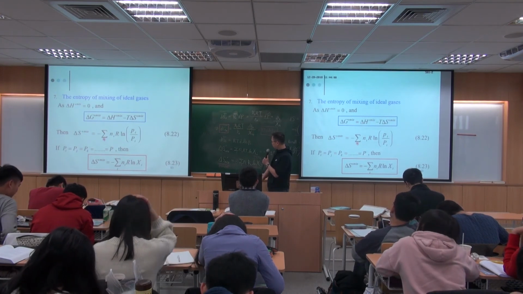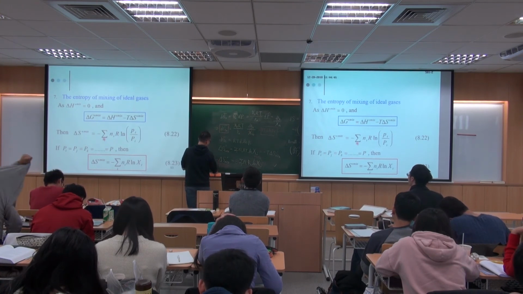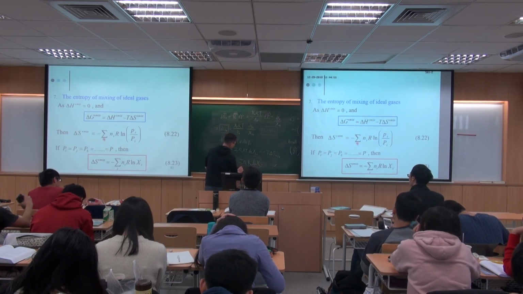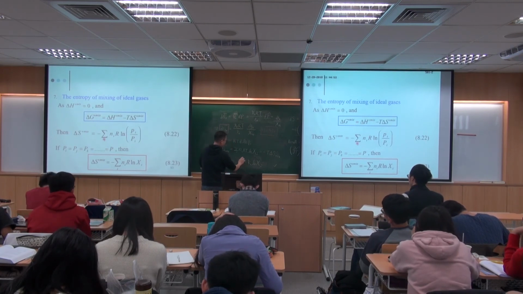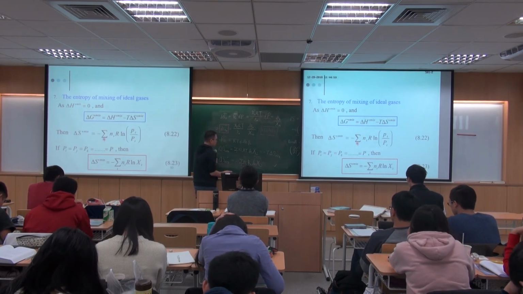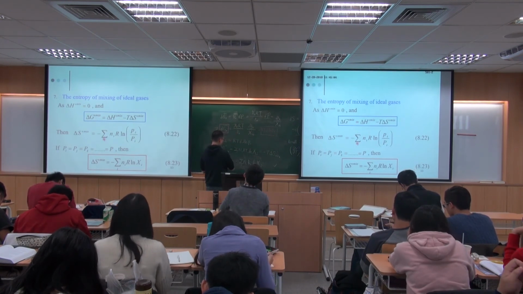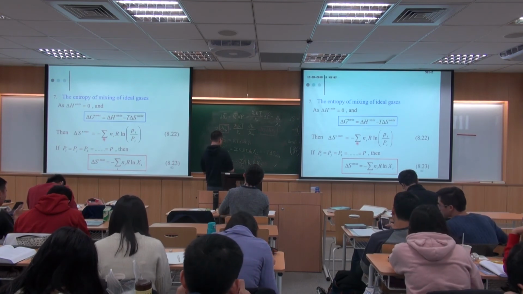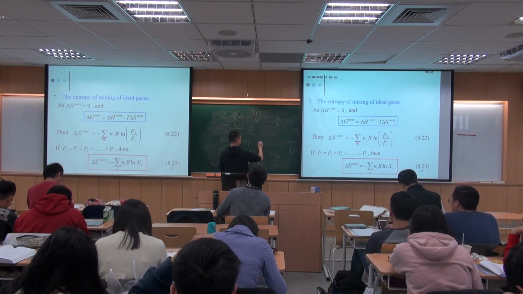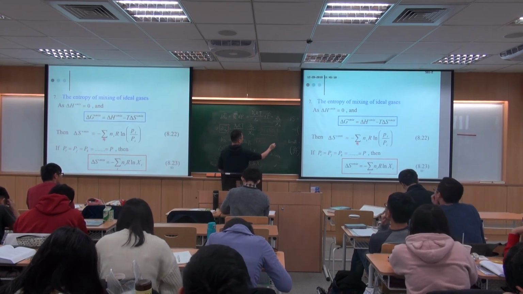And of course, later you see that if you divide this by n total, you can turn this into xi. So the molar change of this mixing entropy will be something like this, with a minus sign.